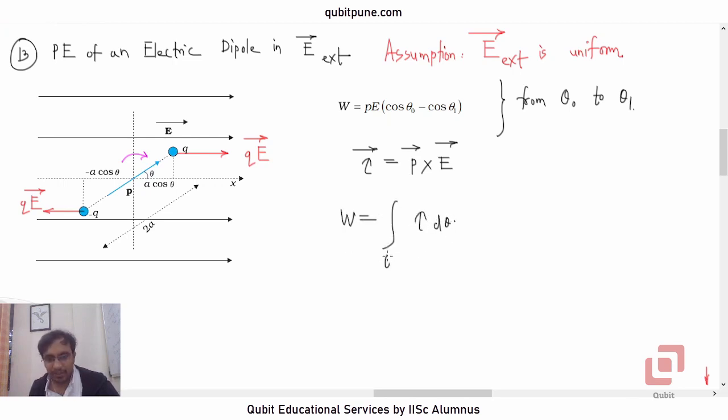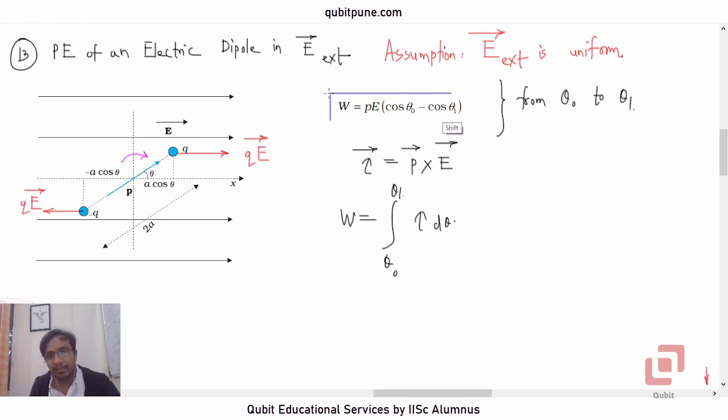I will not do that now, but let's say from theta naught to theta. If you do that, because the integral of sine is negative cos, you get the expression for the work done as PE, since this is actually the integration of PE sine theta, times cos theta naught minus cos theta 1, where theta naught is the initial position and theta 1 is the final position. So never forget this expression.